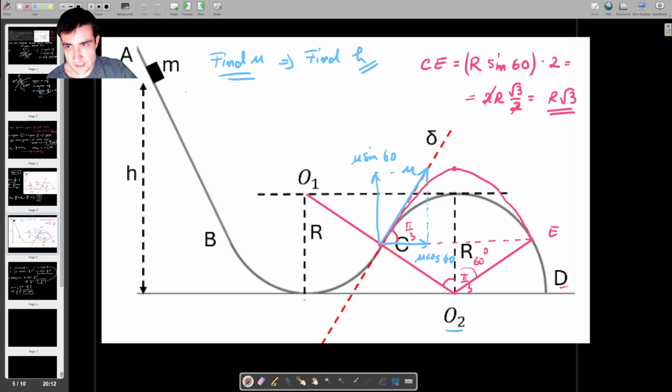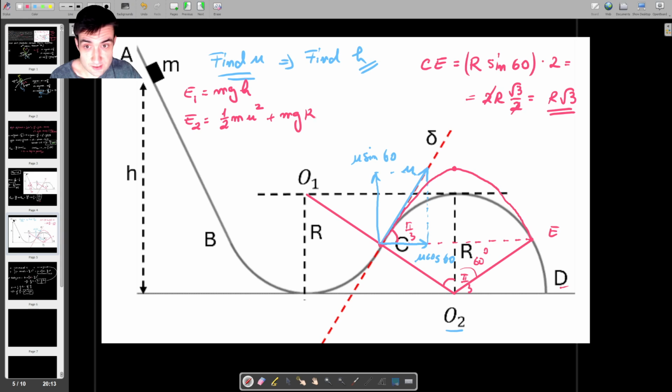So let's recap. We have the initial energy is mgh, and we have the final energy, or the energy at point C or at point 2 or whatever. That's 1/2 mu squared, because now we called our velocity u, plus mg, and this is going to be r times cosine of 60, right?